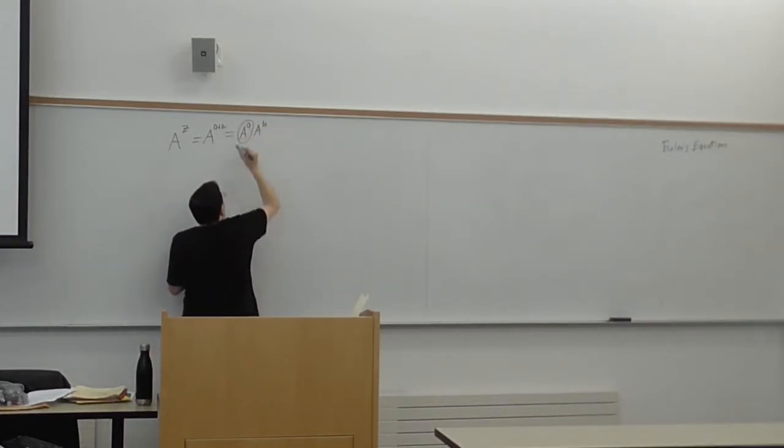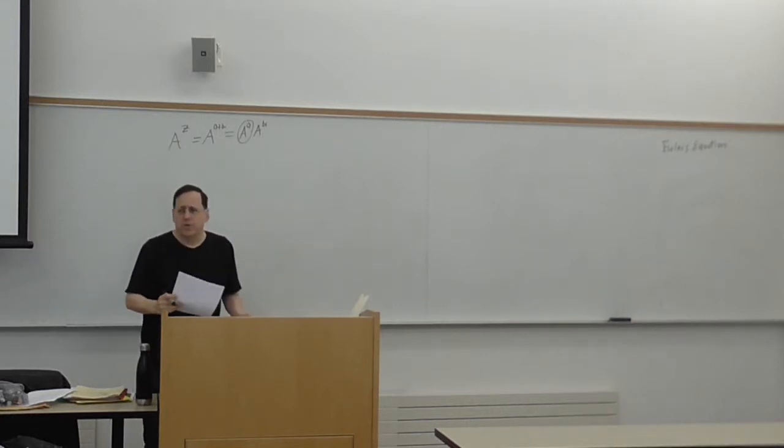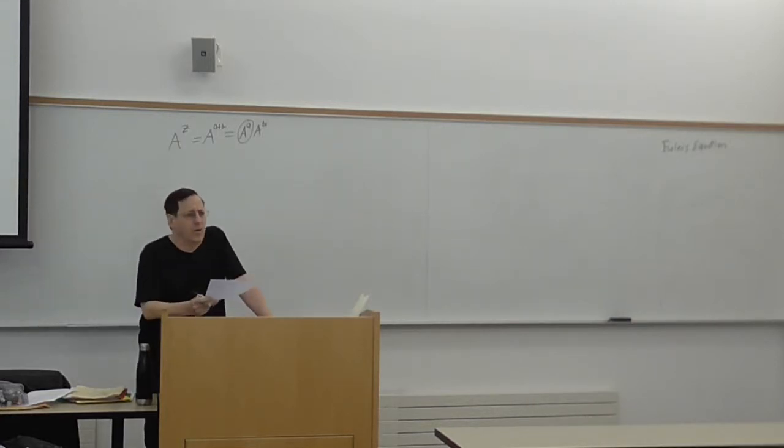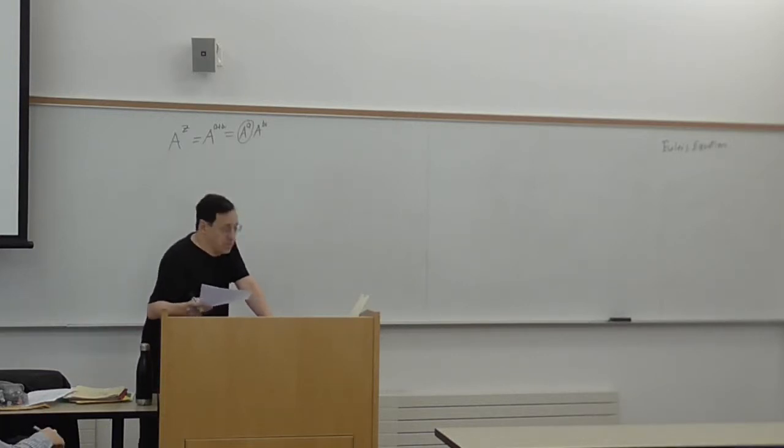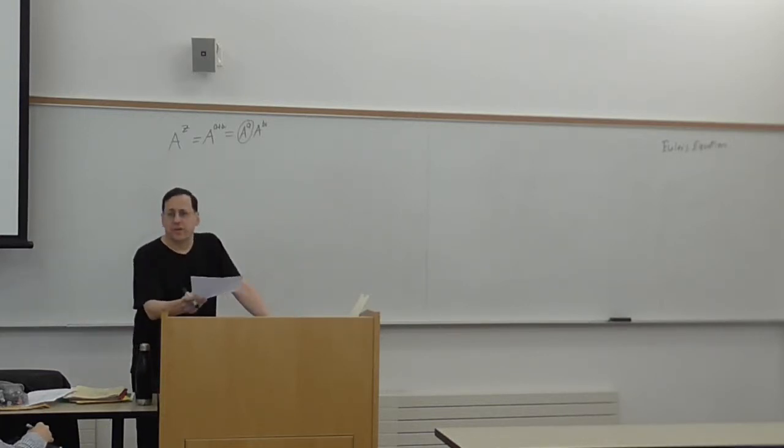And this, we understand. We know how to raise a number to a power. If it's an integer power, that's easy. If it's a fraction, we know what to do with that also. It's a real number. Well, we pull out our calculator and it gives us that value.